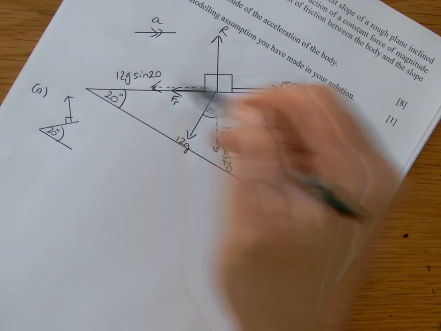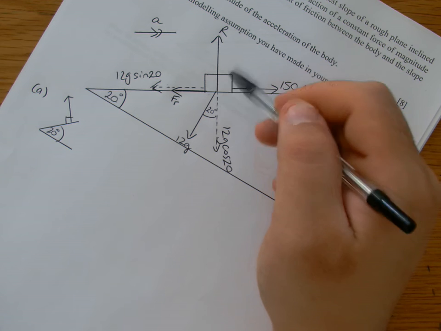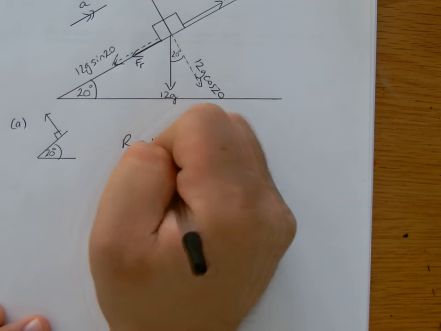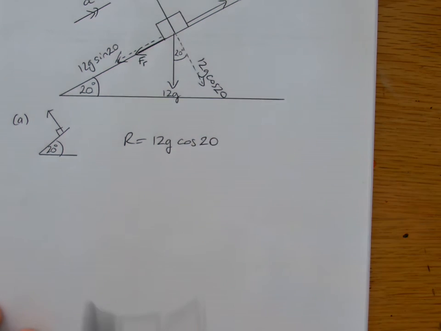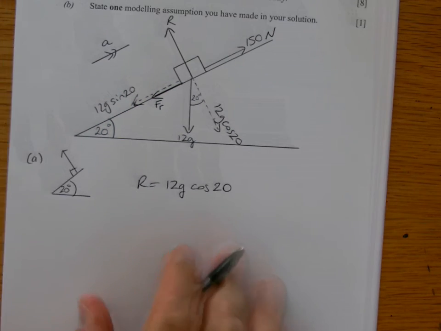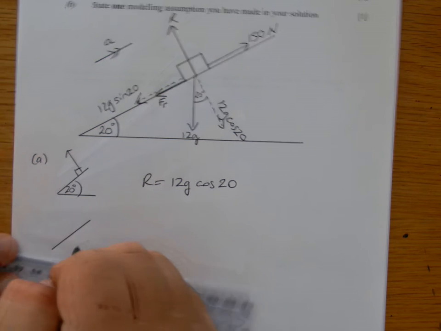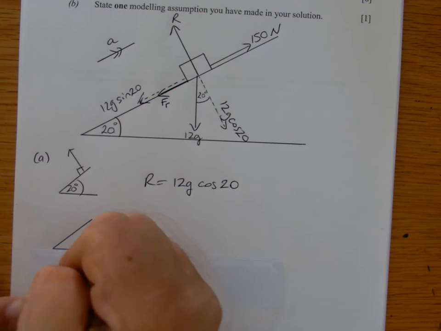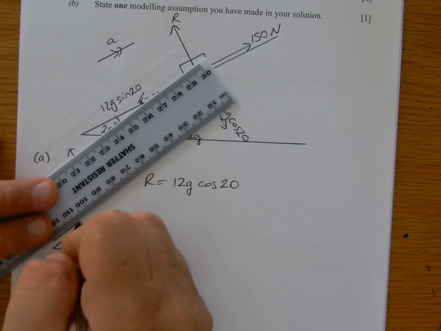It always stays on that x-axis, no vertical movement in the y direction. So R will equal 12g cos 20. We can leave that like that for a minute. Let's then resolve parallel to the plane, so going up the plane.